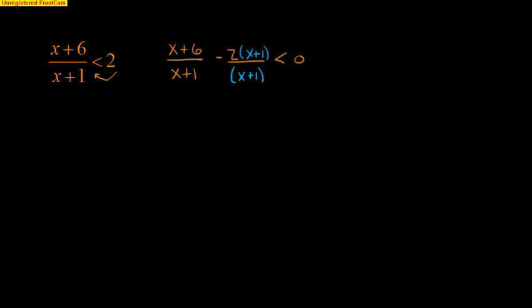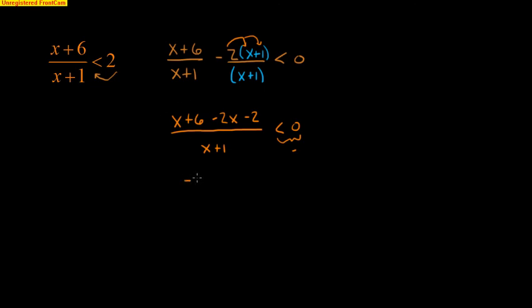All right, and I go back and I know I'm going to have x plus 6. I'm going to distribute negative 2x minus 2. And this is all over x plus 1 less than 0. So now, less than 0, we're looking for a negative number. Okay, combine some like terms up here.